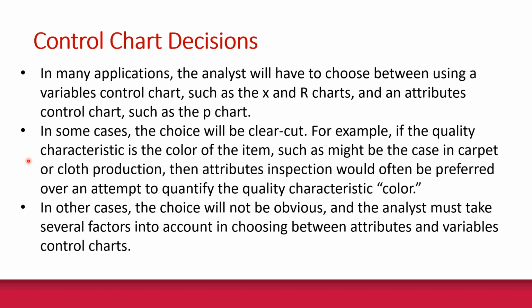In other cases, the choice will not be obvious, and the analyst must take several factors into account in choosing between attributes and variables control charts. Often the case comes down to cost and ease of implementation.